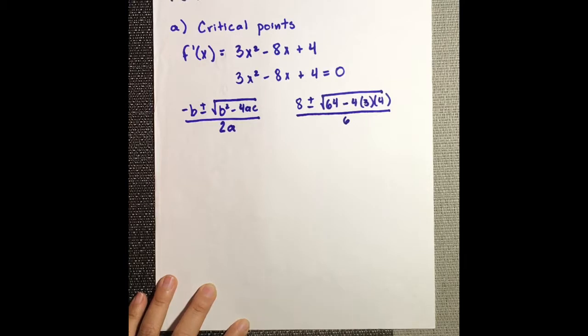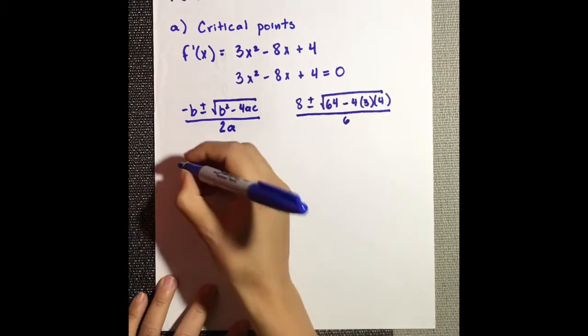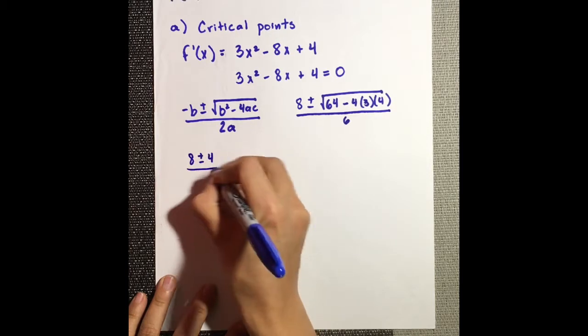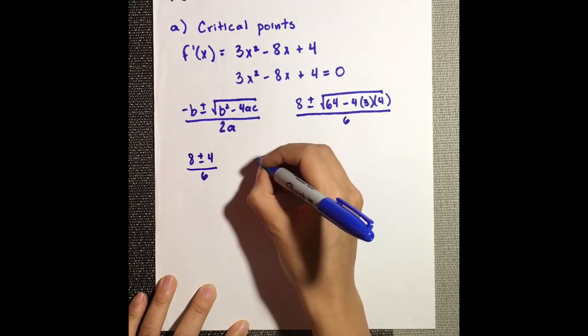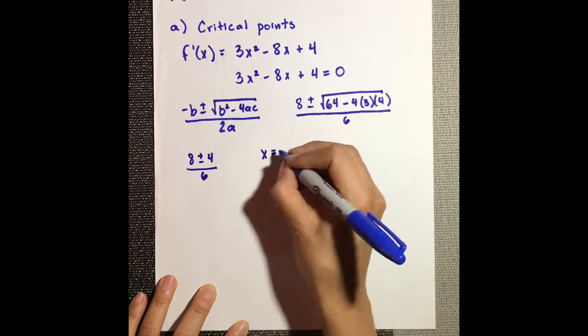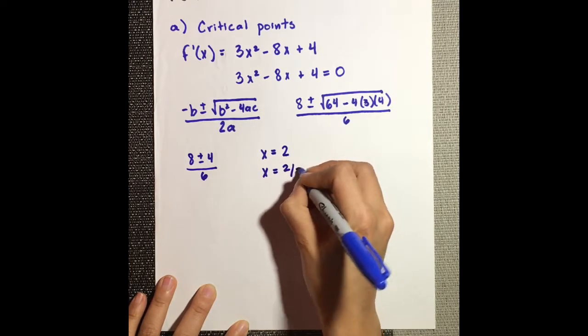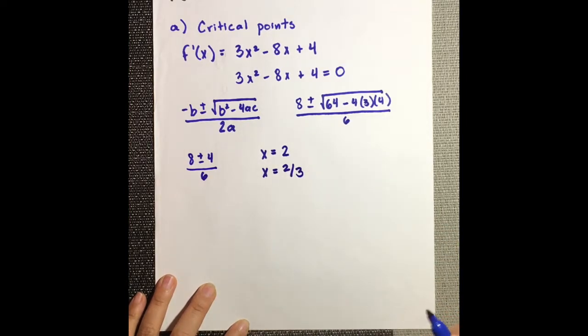After we do this, we're going to obtain a result of 8 plus minus 4 over 6. So we're going to get two results over here, x equals 2 and x equals 2/3. These are going to be my two critical points, my first step into the procedure.